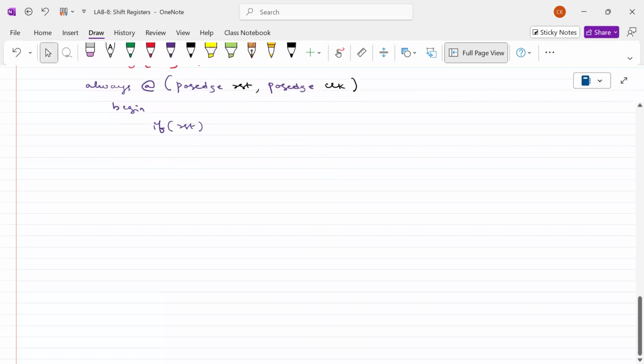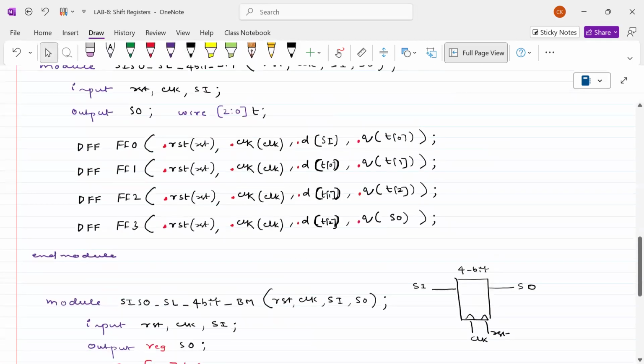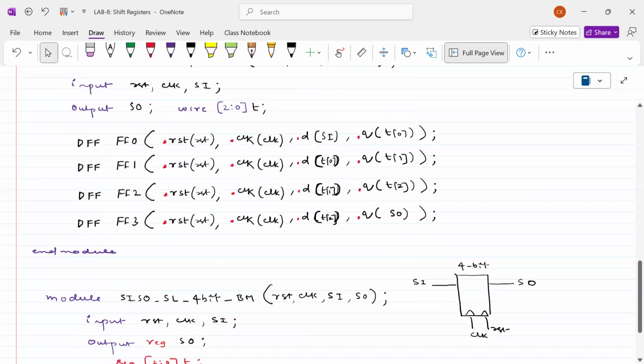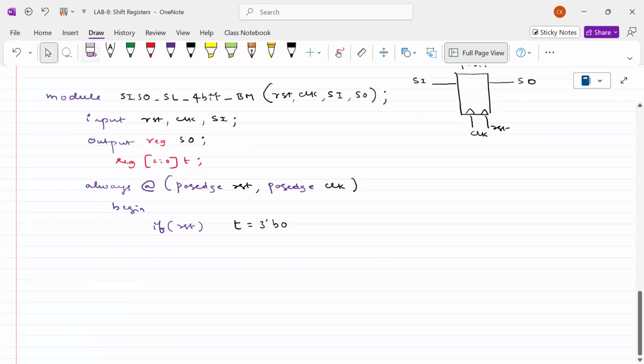So if RST is true, what you have to do? Then T is assigned 3 bit of all zeros. Okay, 3 bit or 4 bit? Let me consider: the first T0 is 0, T1, and T2, T3. Okay, I think it is a 4 bit size. Not 3 bit size, it's a 4 bit.